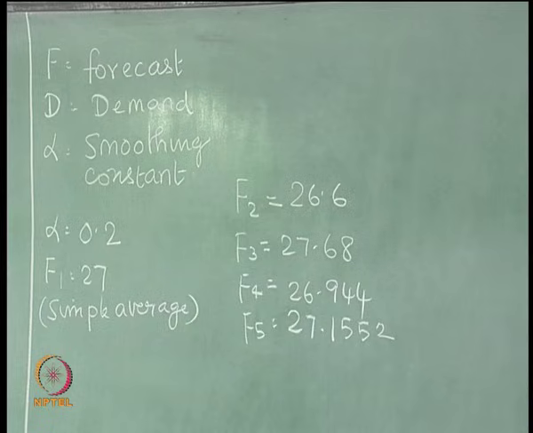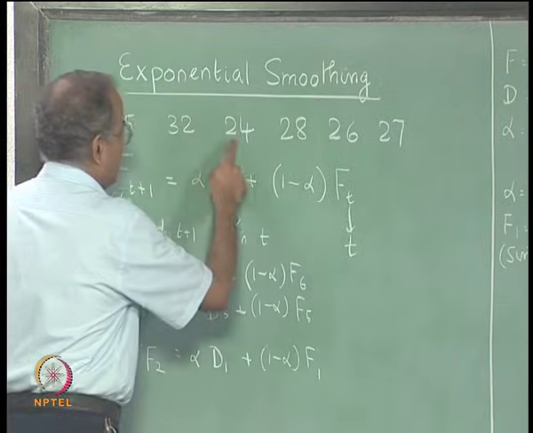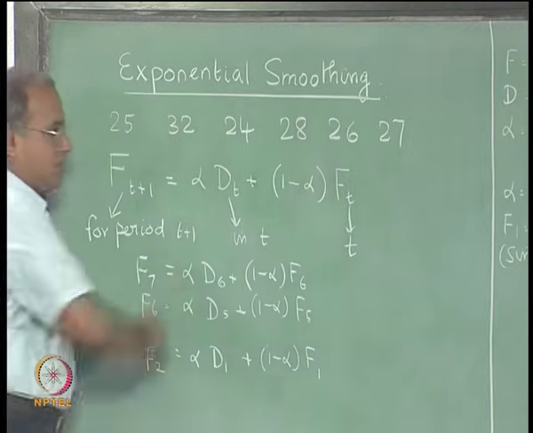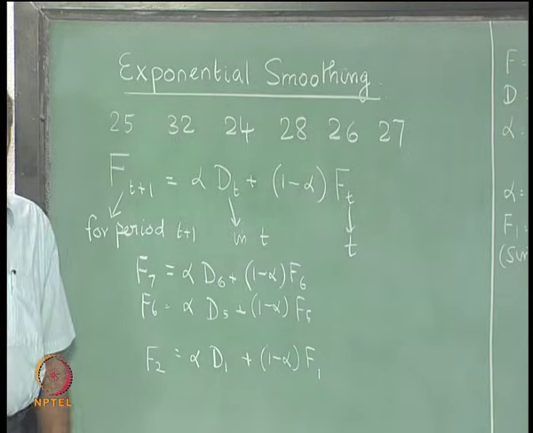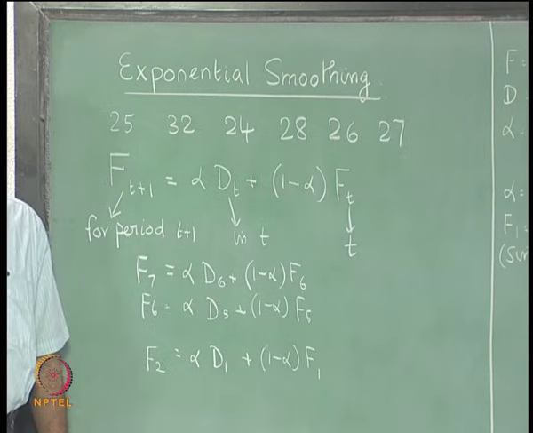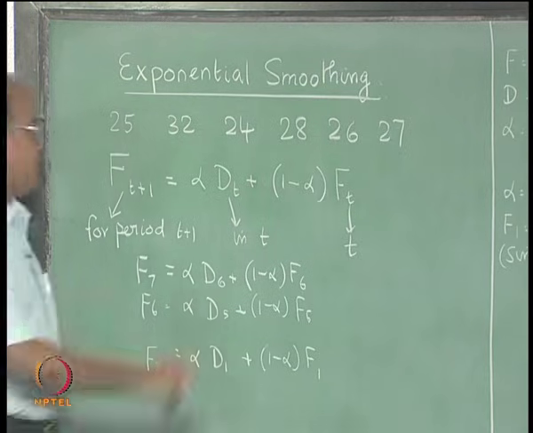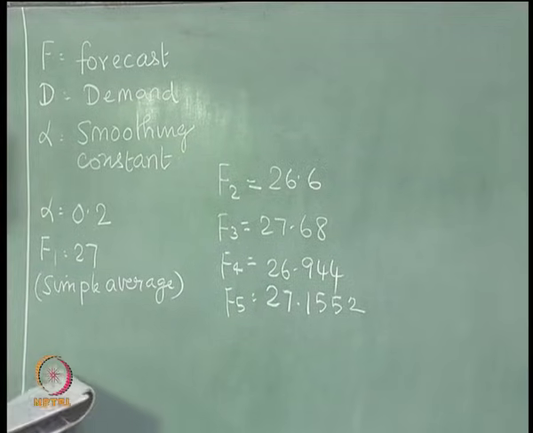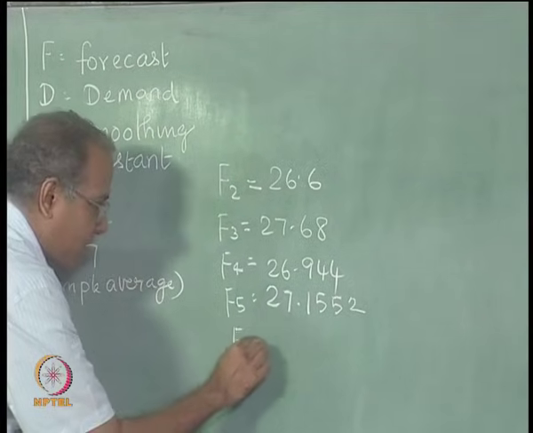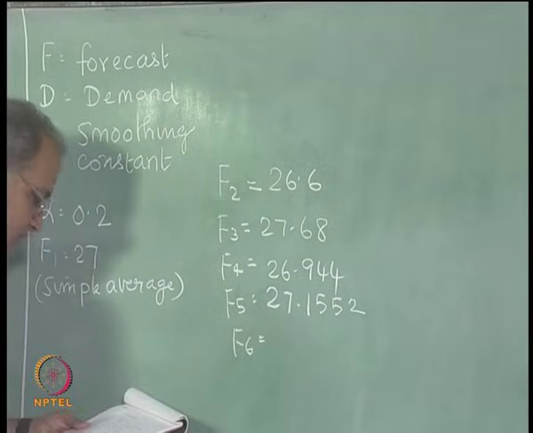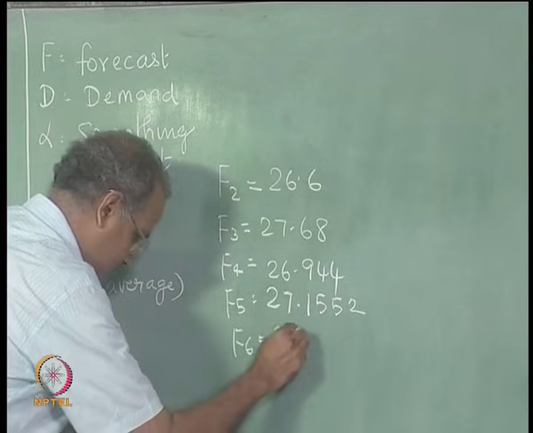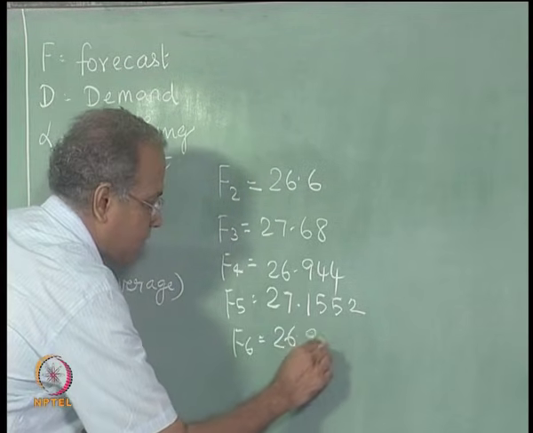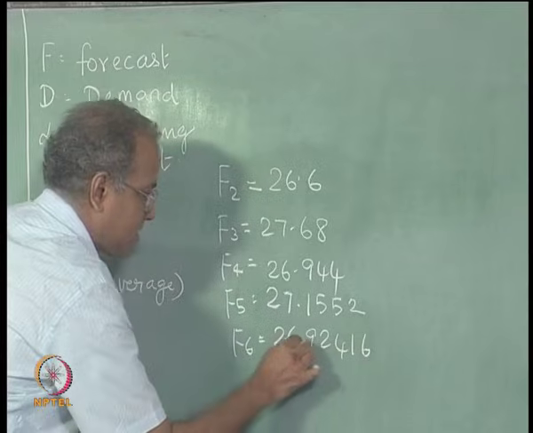F6 is 0.2 into D5 plus 1 minus alpha into F5. So it is 0.2 into 26 plus 0.8 into 27.1552, which would give 26.92416.